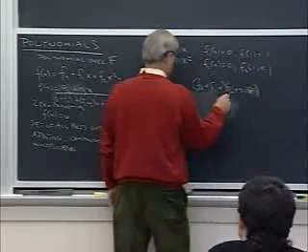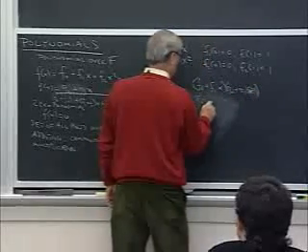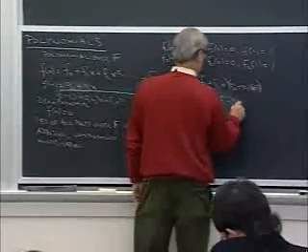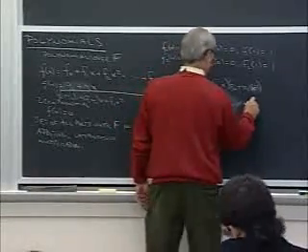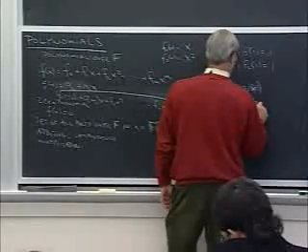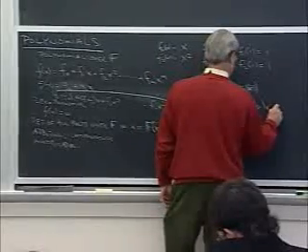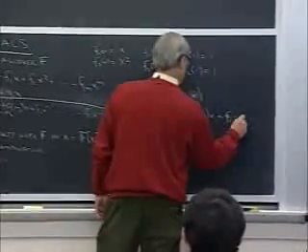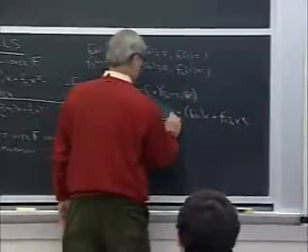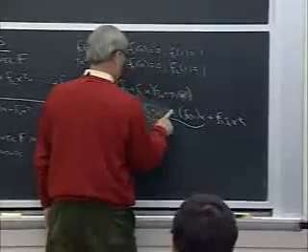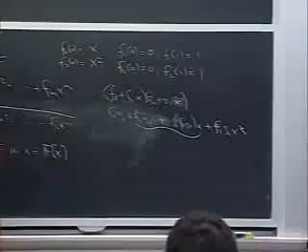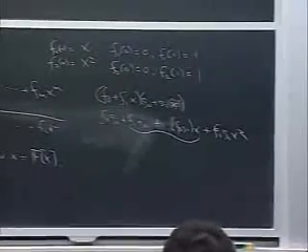You just multiply it out term by term: f0 g0 plus f1 g0 x plus f0 g1 x plus f1 g1 x squared. You can combine these two together, and that's your answer, which clearly is a polynomial.